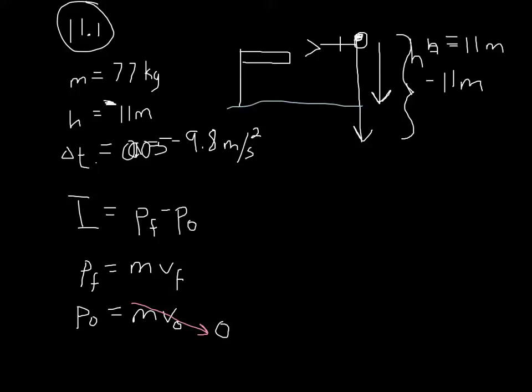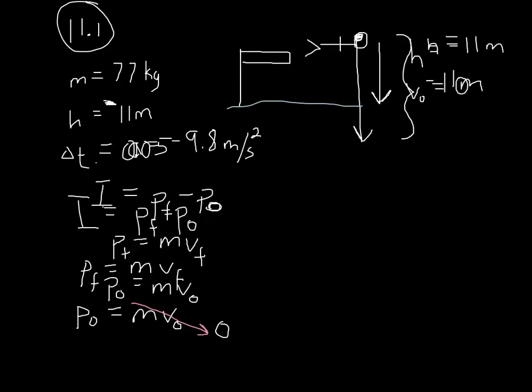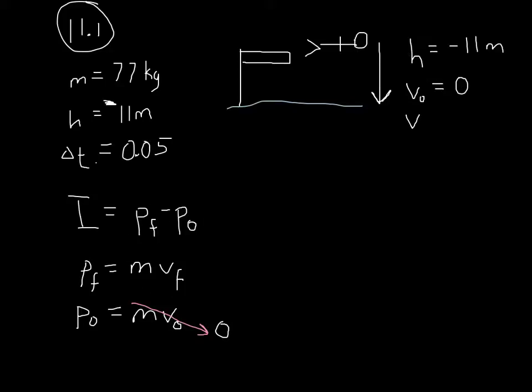I know his initial velocity, v initial, is equal to 0. He starts with 0 velocity. The other factor of interest, the final velocity, that's what I'm looking for. I know his acceleration is equal to negative 9.8 meters per second squared, where I've implicitly assumed, as we usually have, that down is negative. So I have all these variables now.